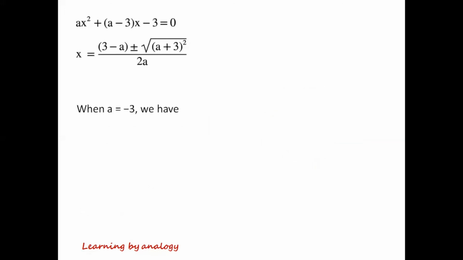When a equals −3, we have x = (3 − a) / 2a = (3 − (−3)) / (2 × (−3)), which equals −1 twice.